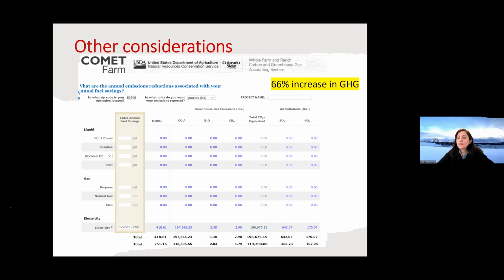So why do we care about GHG emissions? Why is it important? Nowadays USDA provides a lot of funding, and climate smart practices are gaining attention. In the past, when we thought about carbon credits, the only thing that came to our mind was anaerobic digesters.